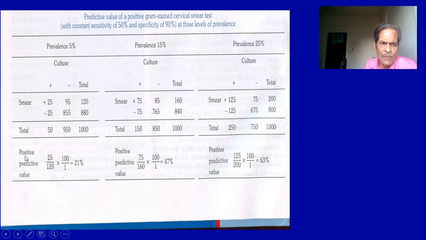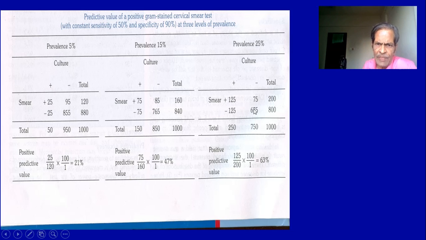But you will see that the predictive power of the positive test in this example, that is 25 divided by 120, is 21%. In this case, it is 75 divided by 160, that is 47%. And in this case, it is 125 divided by 200, that is 63%.